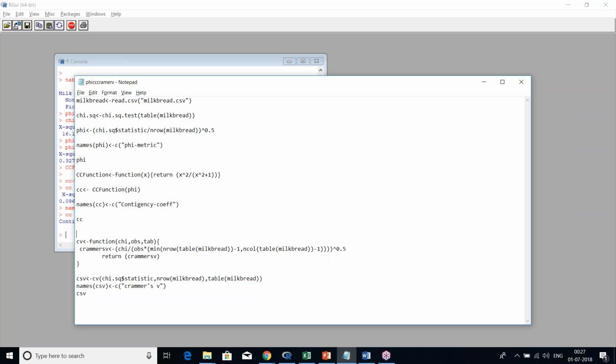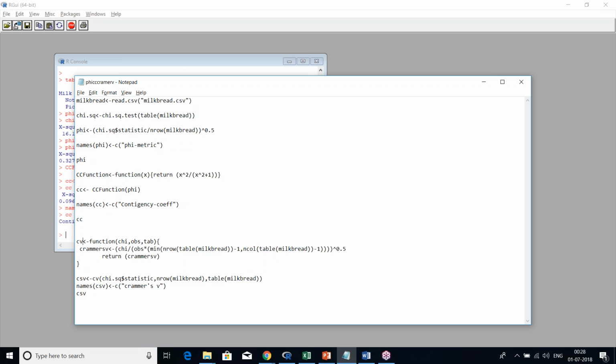Let's quickly calculate that. We will define another function called CV, and we have to pass three values: first the chi-square metric, second the total number of observations, and third the tabular representation of the input data set, so that we can calculate the number of rows and number of columns.